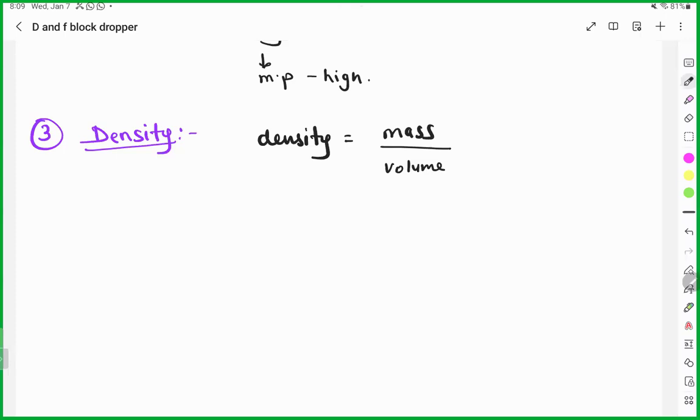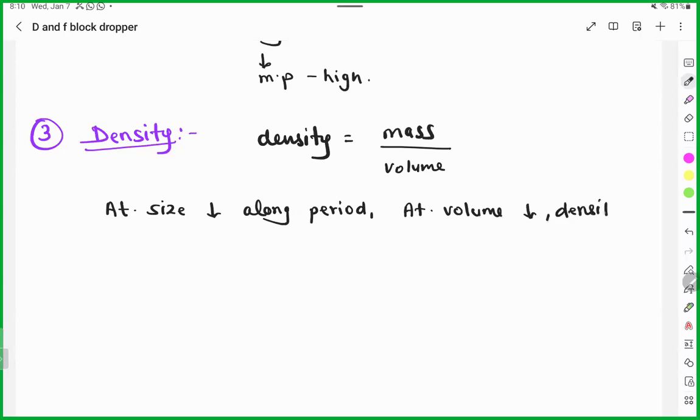What will be the impact on the density, Sarah? It will increase, sir. Atomic size decreases along a period, and when metallic size decreases, atomic volume will also decrease, and if atomic volume decreases, then density will increase.